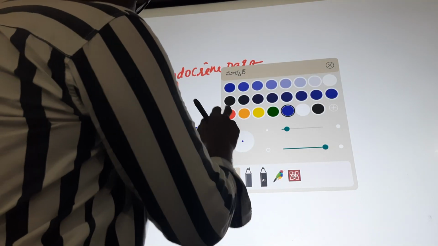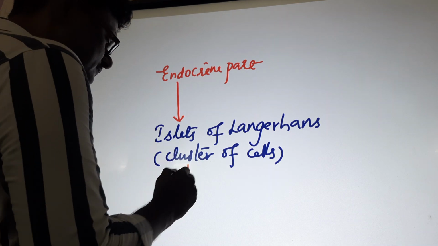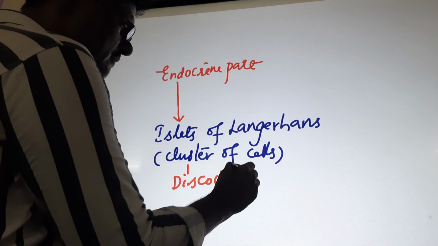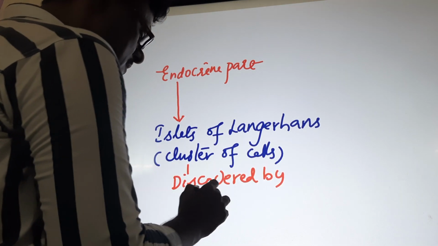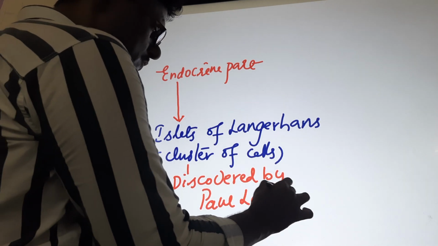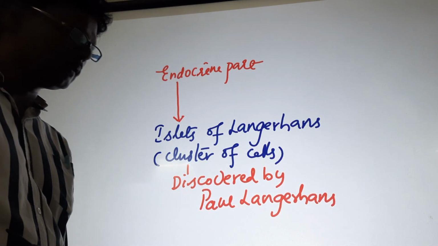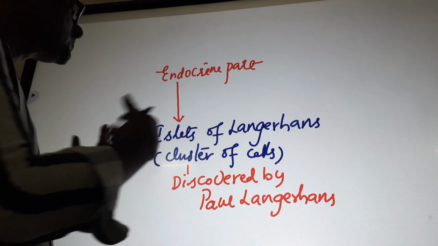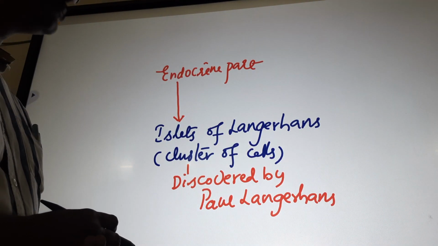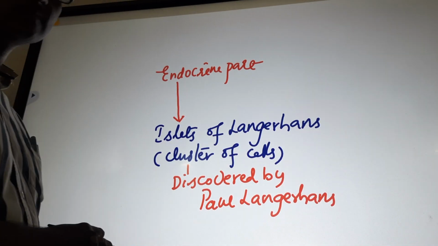Discovered by Paul Langerhans. As the name was given likewise, islets of Langerhans, cluster of cells.